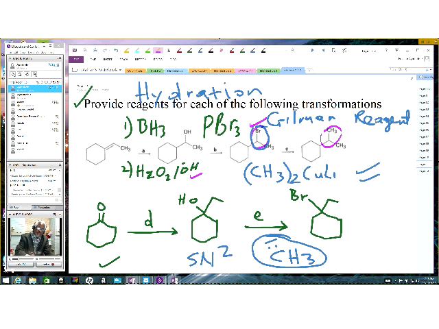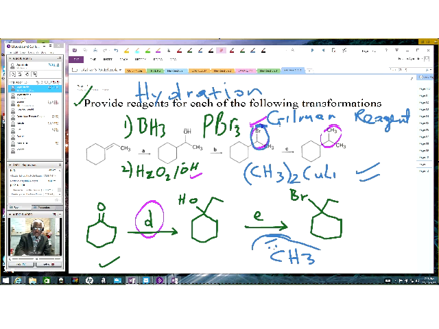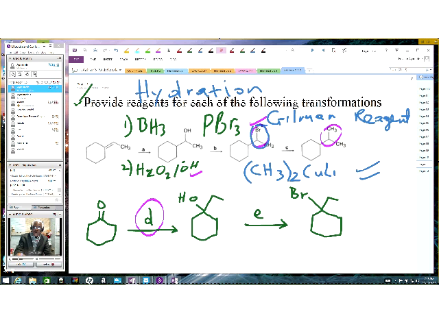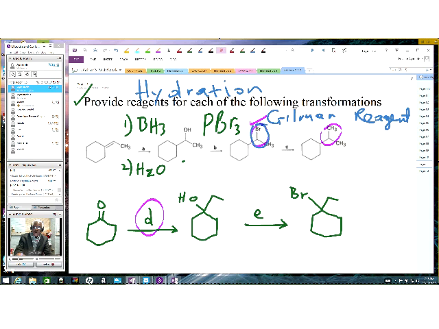How about this here? Let me erase all of this. For D, what are we doing? We are going from a ketone, this ketone here, and we are going to form a tertiary alcohol.